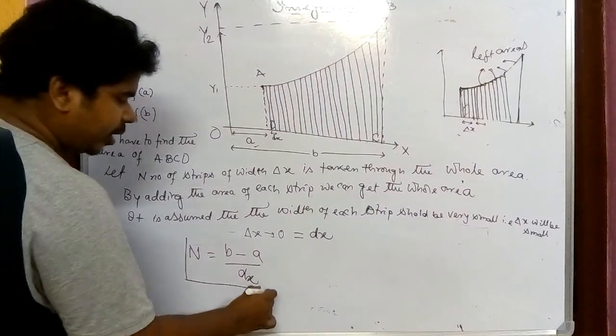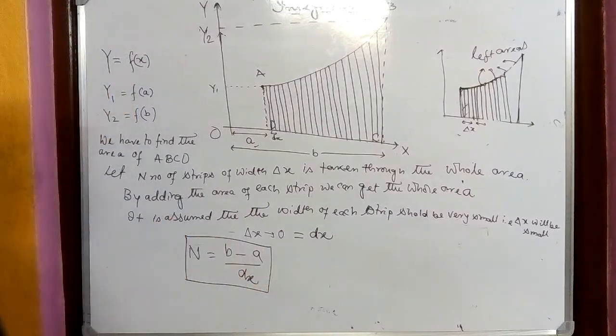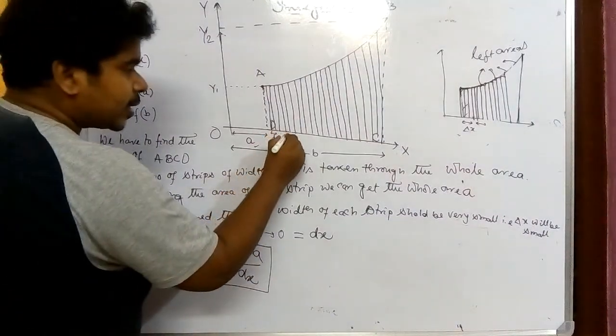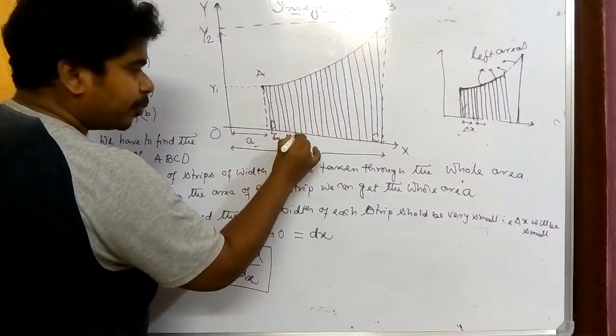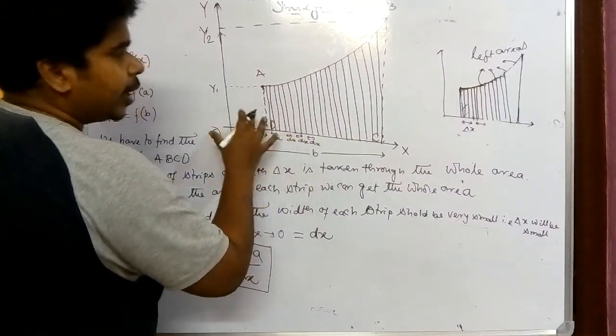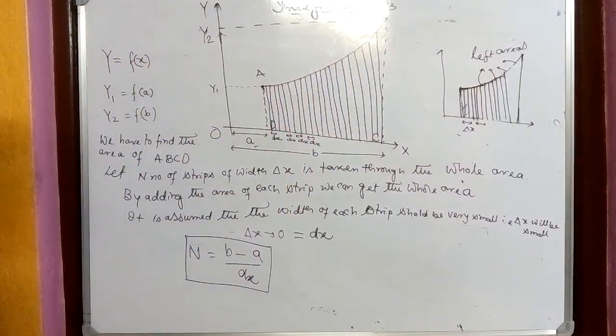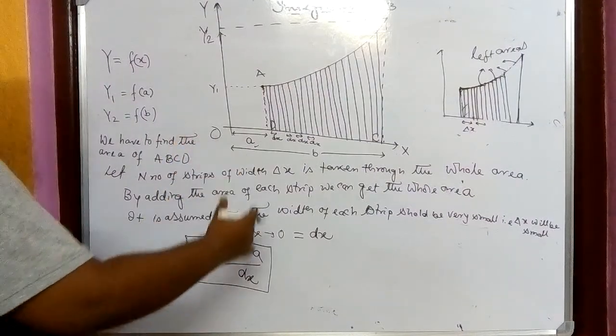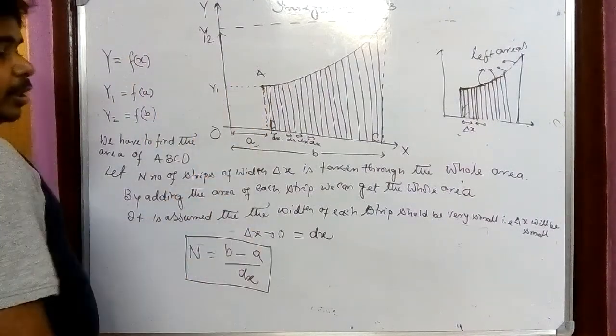That gives us n equals (b minus a) by dx, because dx is the separation or width of each stripe, and there are n stripes we have assumed. So what we have to do is find the area of each stripe.